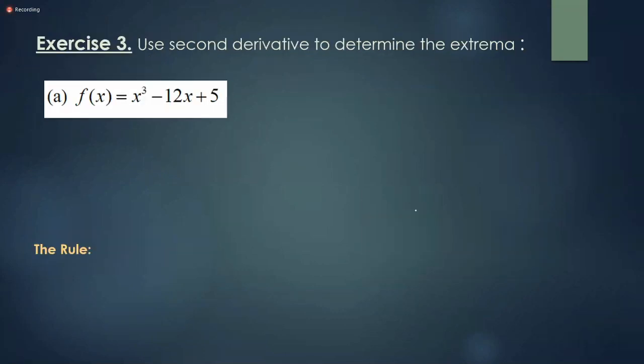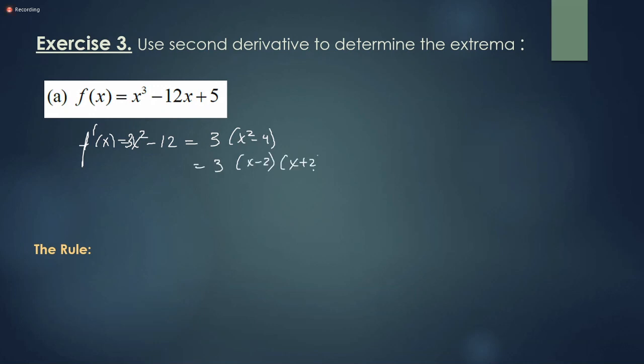To determine the extremum points, we find the first derivative. In this case, it would be 3x squared minus 12. That is 3 times x squared minus 4, which is 3 times x minus 2 times x plus 2. Which means that we have 2 critical points: x1 is 2 and x2 is negative 2, two stationary points.